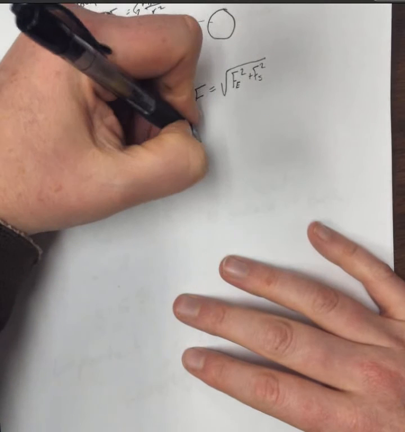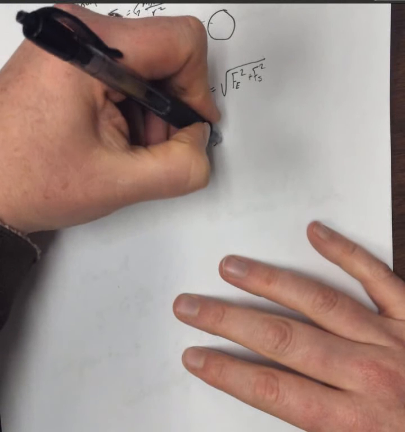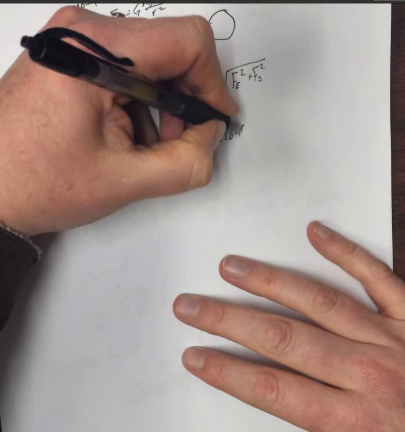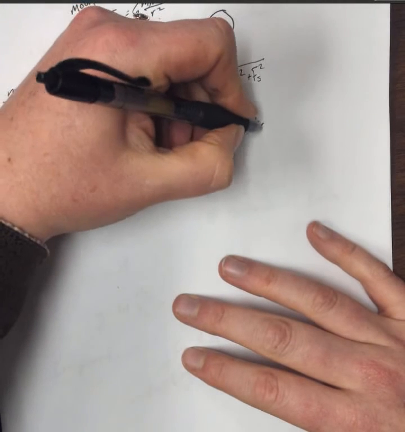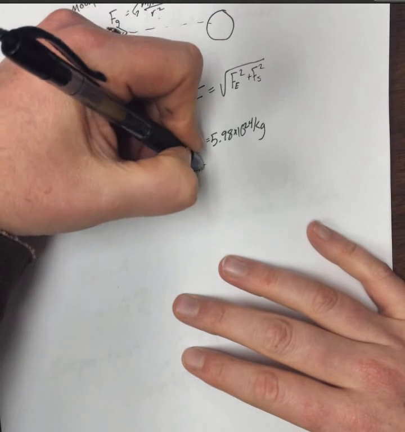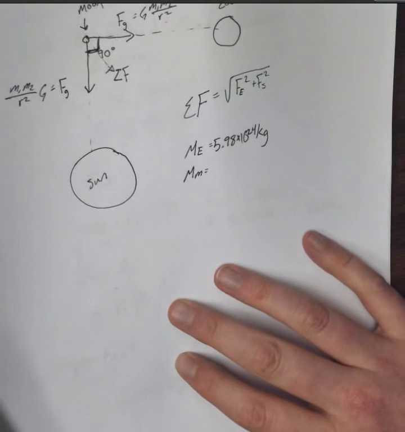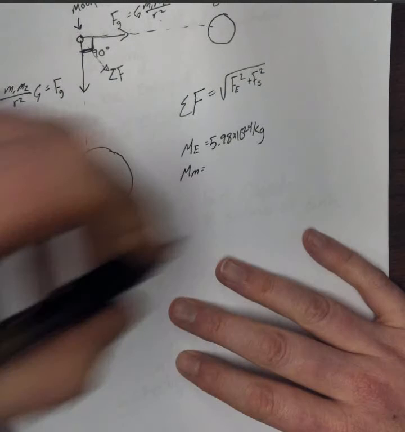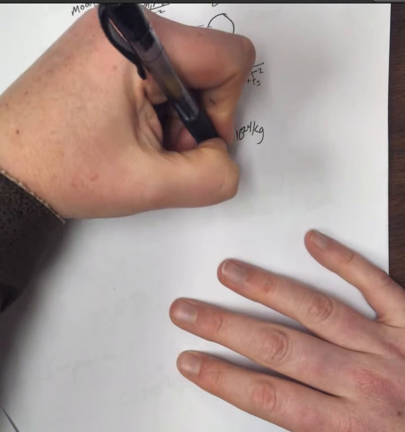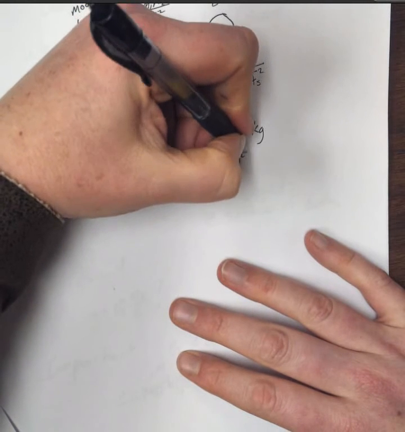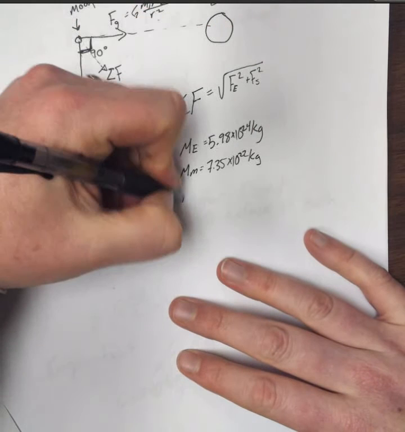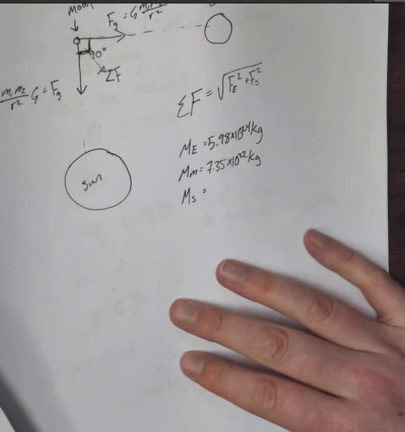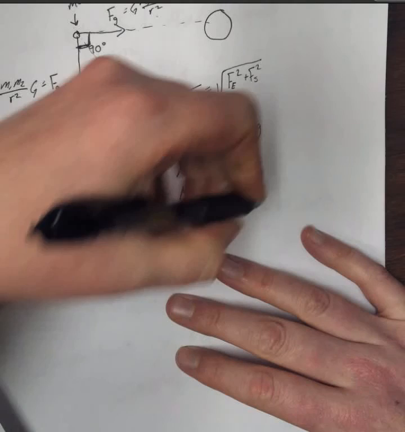We're going to say the mass of the Earth is 5.98 times 10 to the 24th kilograms. The mass of the Moon, this is one I don't have memorized, is 7.35 times 10 to the 22nd kilograms. The mass of the Sun is 1.99 times 10 to the 30th kilograms.